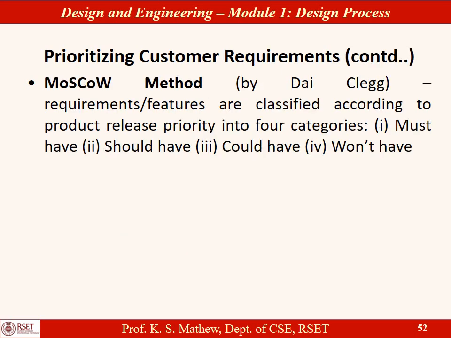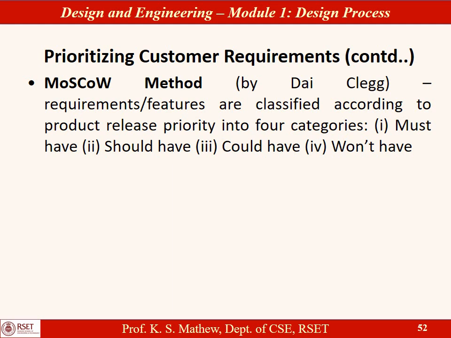MoSCoW method is another technique that can be used for prioritizing customer requirements. That's a formal technique. The word MoSCoW is an abbreviation for various buckets or categories of customer requirements based on the importance.